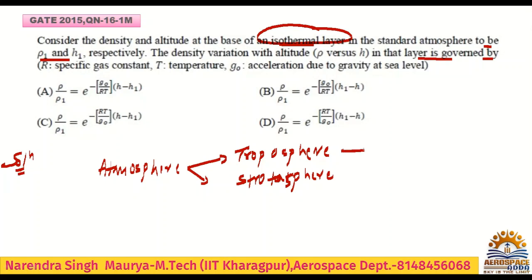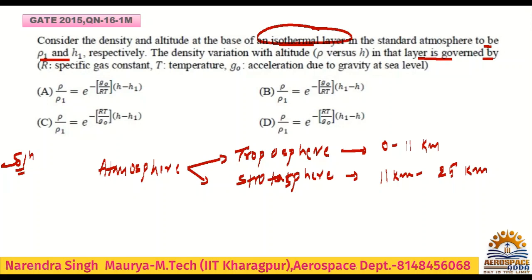So troposphere is basically 0 to 11 kilometers, counted vertically upward, and 11 kilometers to approximately 25 kilometers is the stratosphere. Those are the two cases we have, and like previous problems, we have solved questions based on the troposphere as well as the stratosphere.